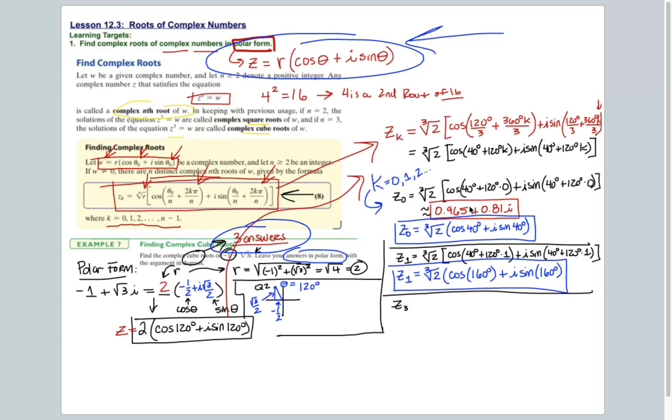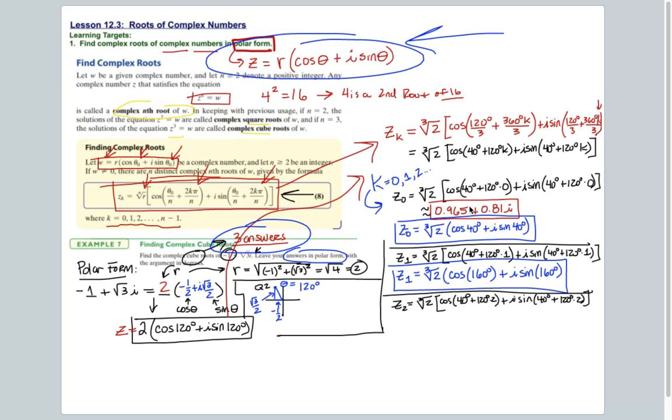For k equals 0, 1, and now 2, we're going to do the cube root of 2 times the cosine of 40 degrees plus 120 times 2, plus i sine of 40 degrees plus 120 times 2.